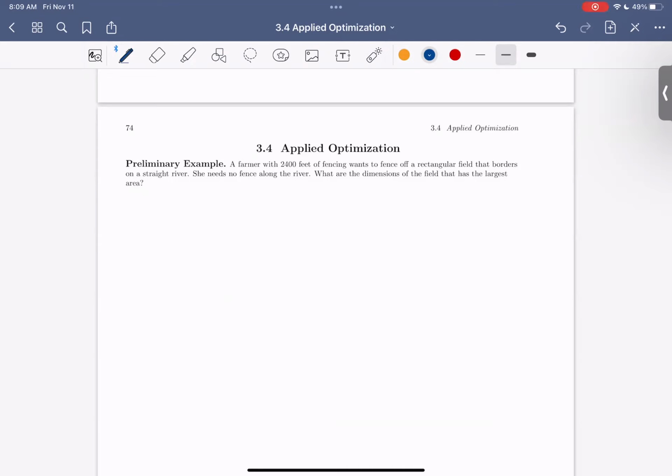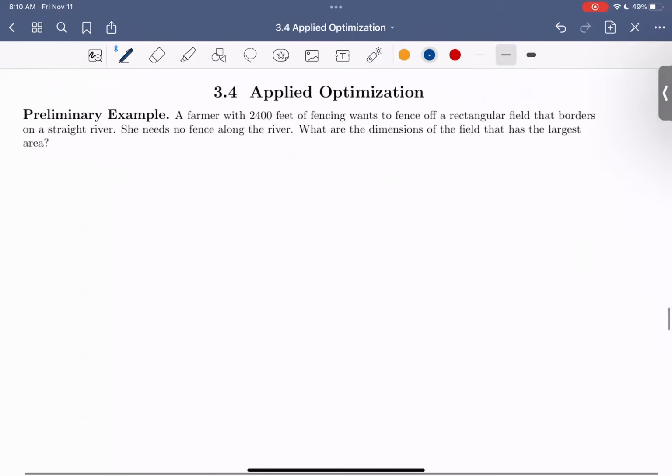Many of the contexts you'll see include optimizing a geometric space, meaning optimizing maybe for area or perimeter. We'll also see some problems about optimizing cost to produce certain materials, like produce a can. And we will see a few algebraic optimization problems using graphs and functions. All right, so let's get into it with this preliminary example.